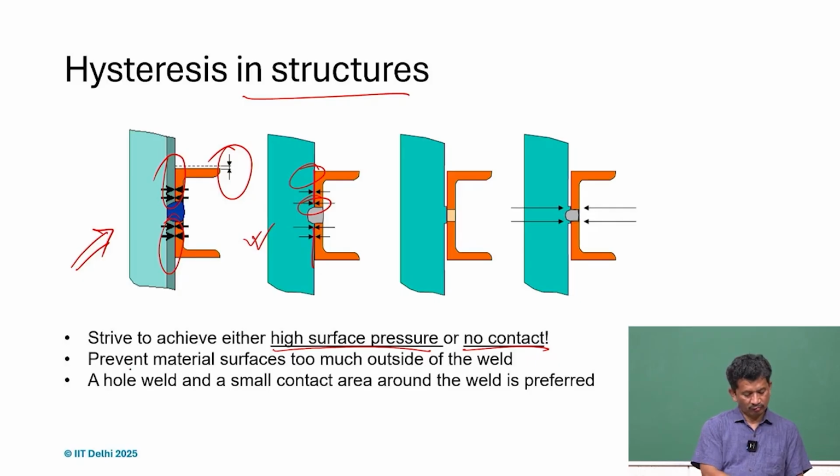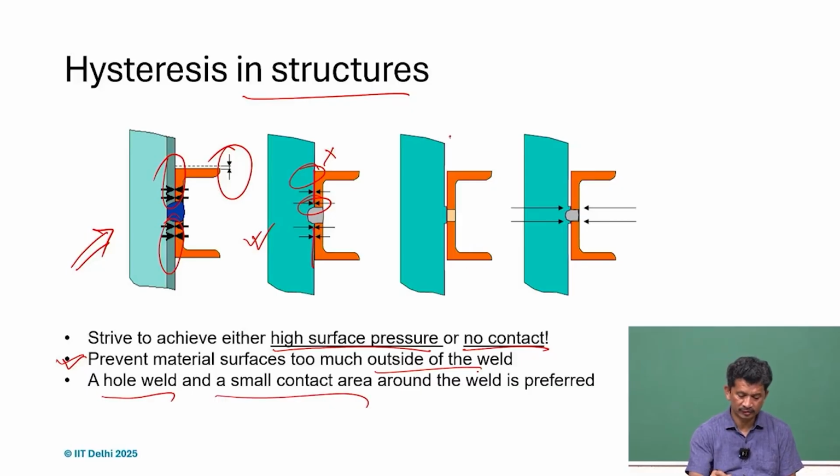So what is mentioned is, prevent material surfaces too much outside of the weld. So we should try to prevent that. In terms of precision this is not very good, and that's why what is preferred is a whole weld or a small contact area.